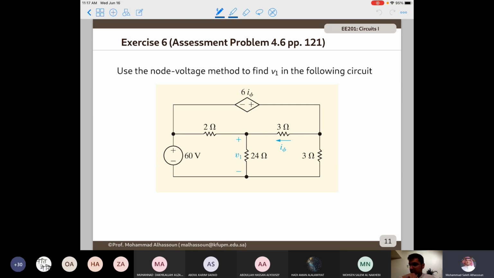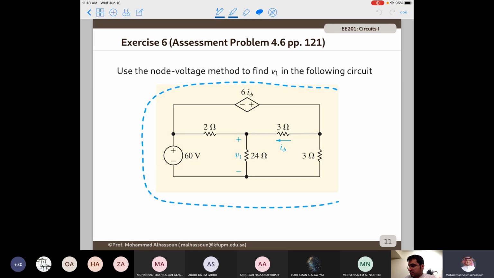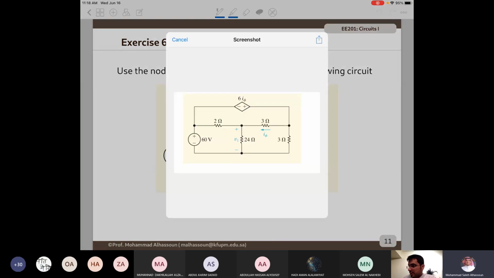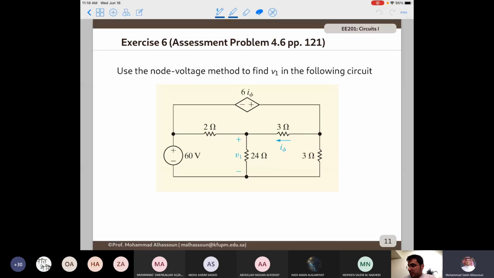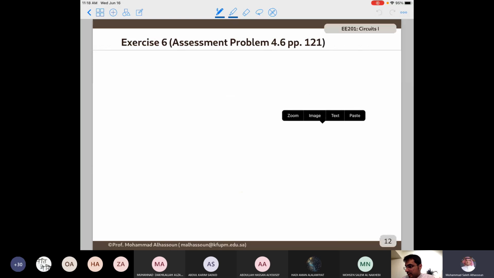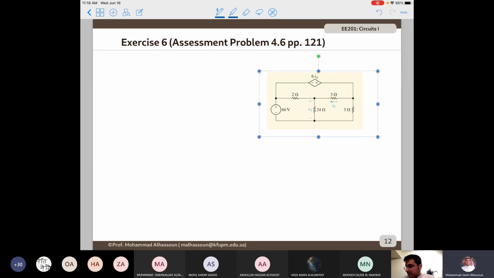Because here, see the problem, the dependent voltage source connects 2 nodes that are not adjacent to one another, and this might complicate the problem itself.